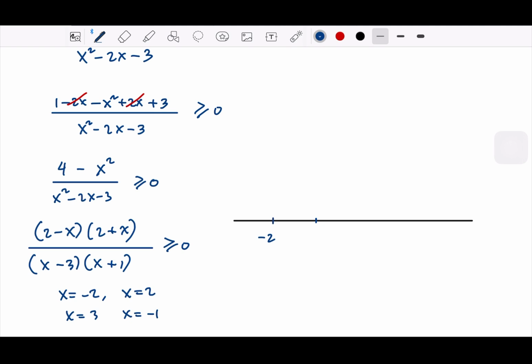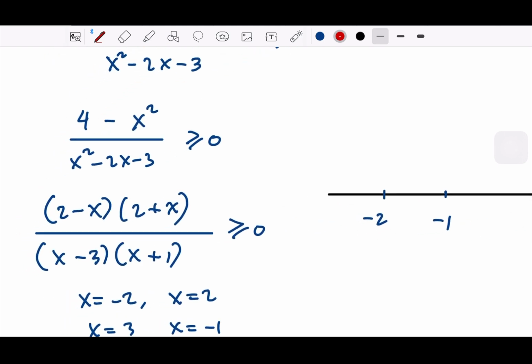We could say these are the critical points. Okay, critical points. And then we check the sign, how the critical points make out from this expression.